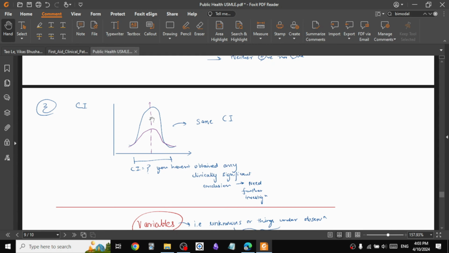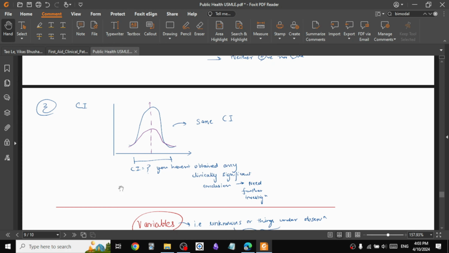That means all the data points, the frequency that was present in the purple graph also matches the frequency in the blue graph. What have I actually found? If they overlap, I have not found any significant detail. You haven't obtained any clinically significant conclusion. You need further investigation.